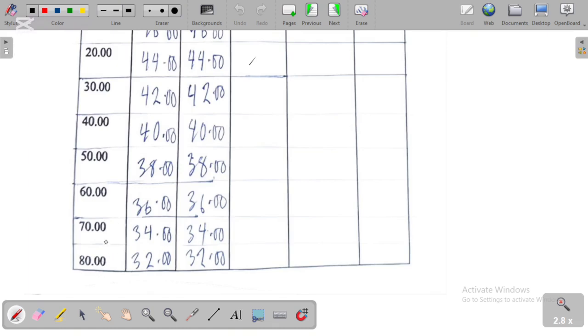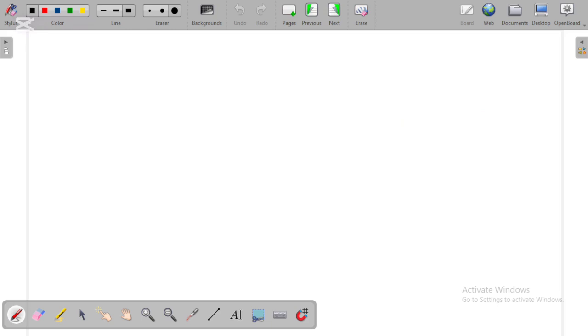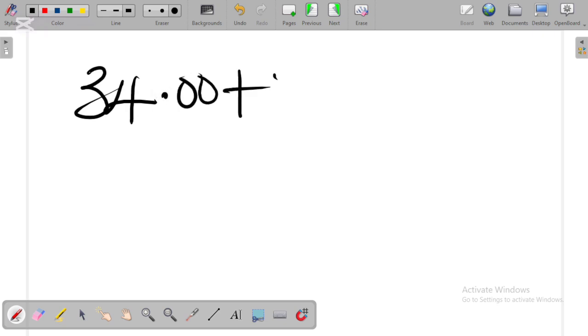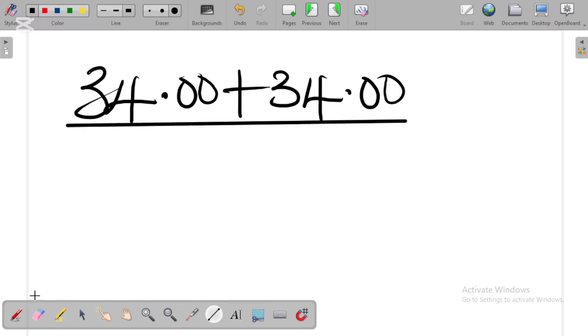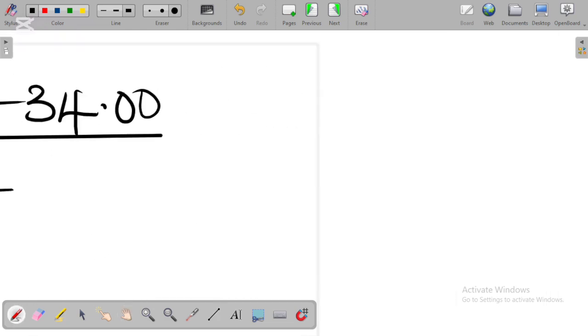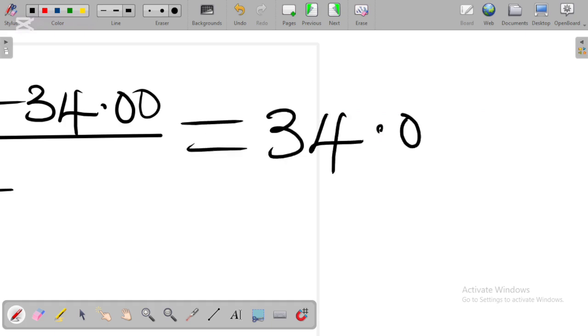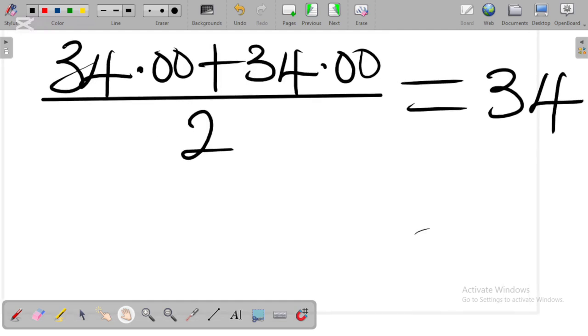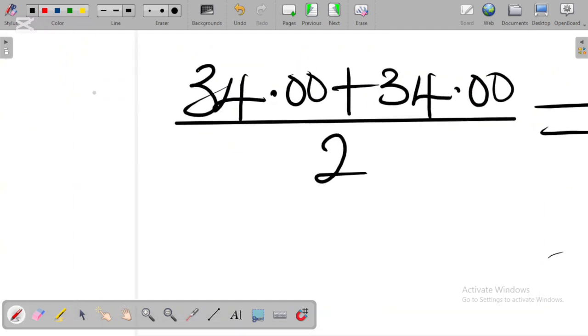Alright, so the seventh one here is 34.00 and 34.00. 34.00 plus 34.00, all divided by 2. If you punch your calculator, it will give you 34.00. This is the seventh one.